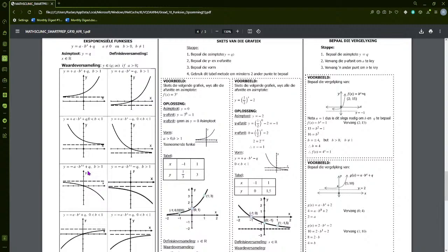So, okay, you determine the asymptote. Then you have to find the x and y tangents.